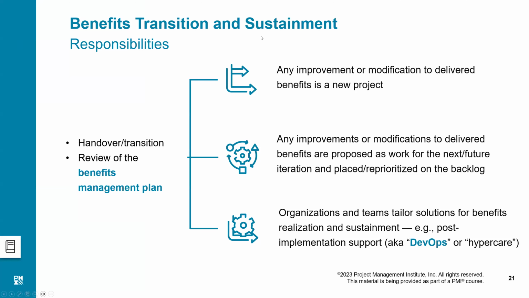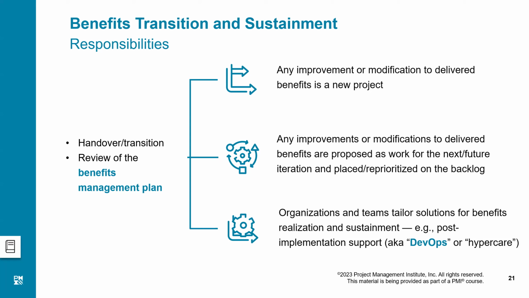Benefit transition and sustainment. Just like we talked about the project transition, that the product of the project is transitioned, long-term benefit realization is going to come many years after the project has been closed and all of you who are working on the project have gone to other projects.